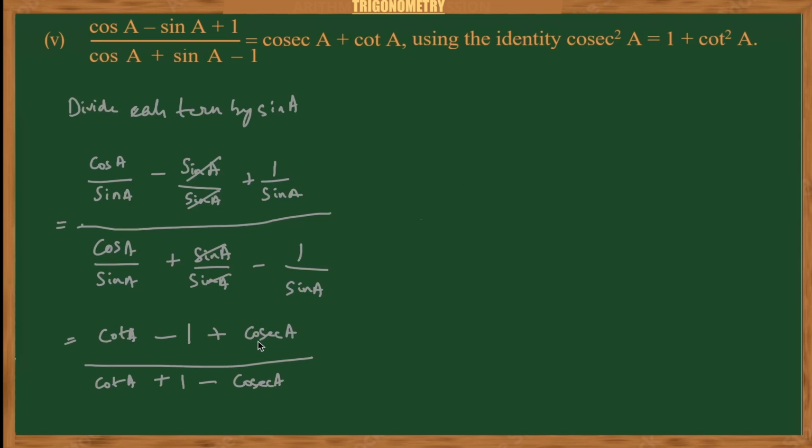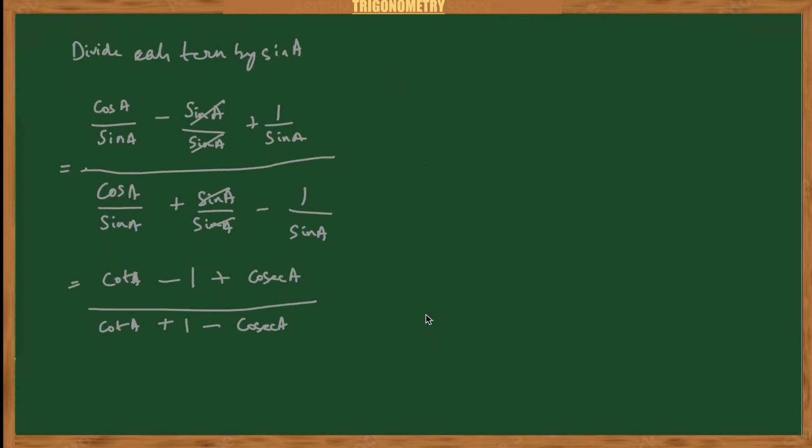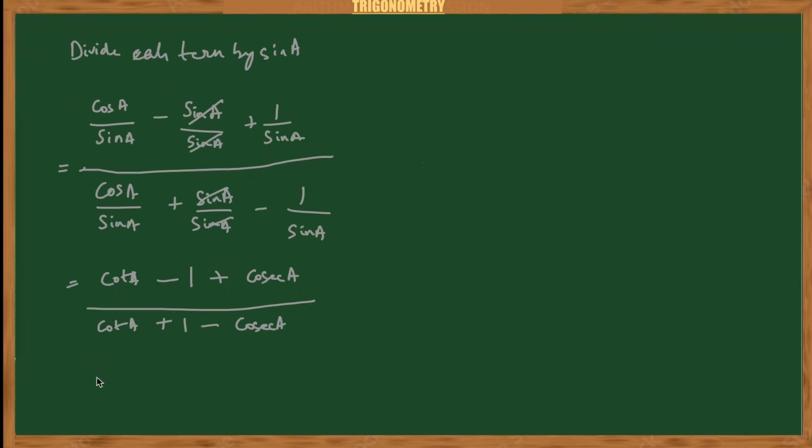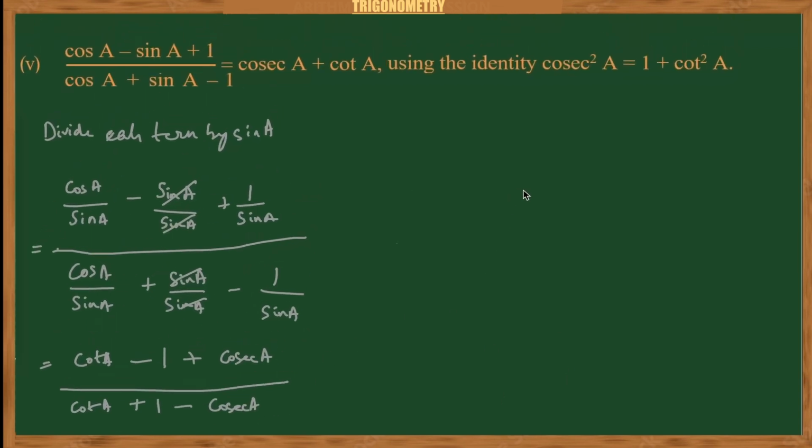Here we can see that it is coming in this form, so we can utilize this. Further simplifying, we get cot A, this cosecant A, then minus 1. This 1 value we can replace using the identity given.